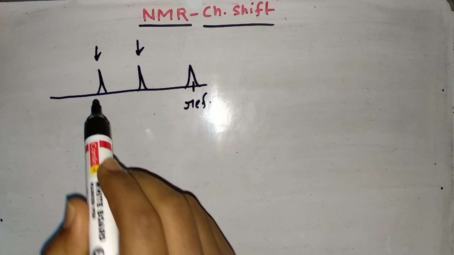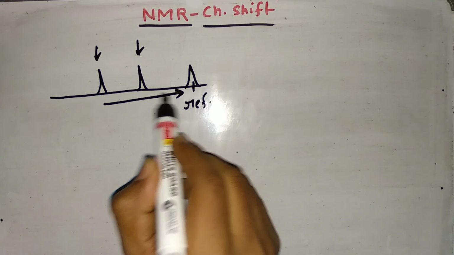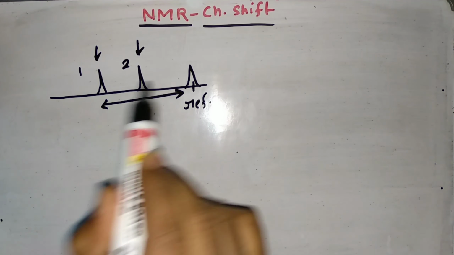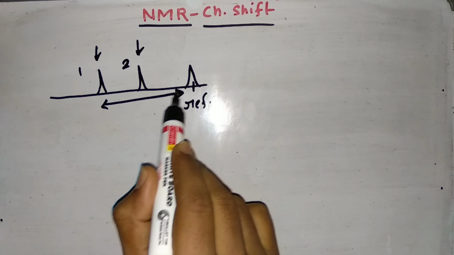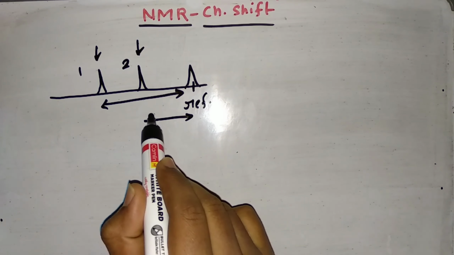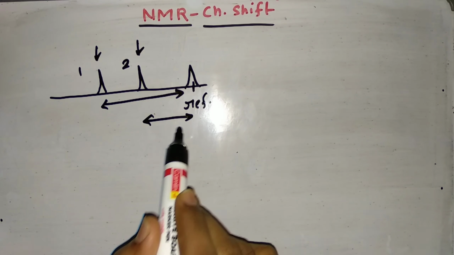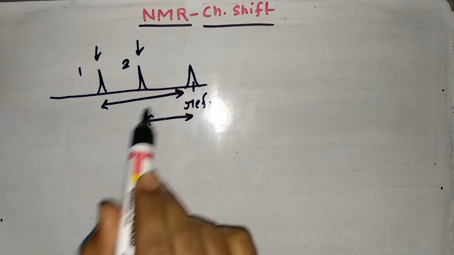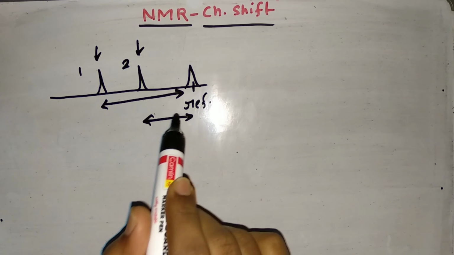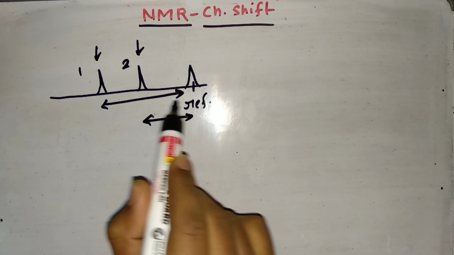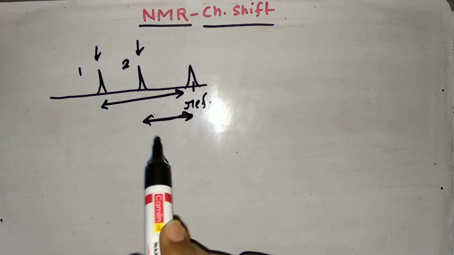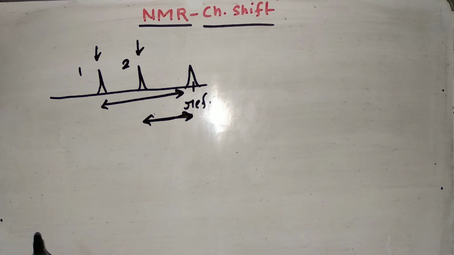So the shift is the distance between the reference and proton 1, and this is proton 2. The reference and proton 1 distance is greater, and the reference and proton 2 distance is lower. As the difference is greater, we will say that the chemical shift is higher, and in this case we will say that the chemical shift will be lower.